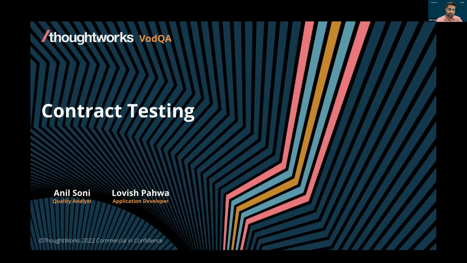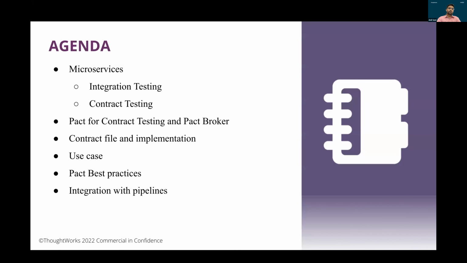So today we will present a talk on contract testing. Let me start with the agenda. We will be covering microservices. Then we will cover integration testing and the pros and cons of using it. Going forward, we will introduce the concept and implementation of contract testing, and how we use the Pact and Pact broker tool for contract testing.